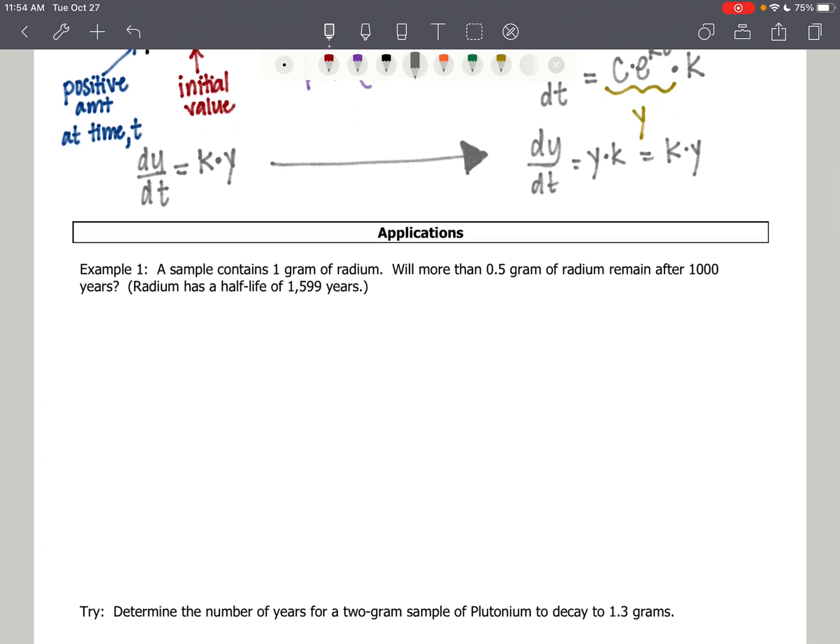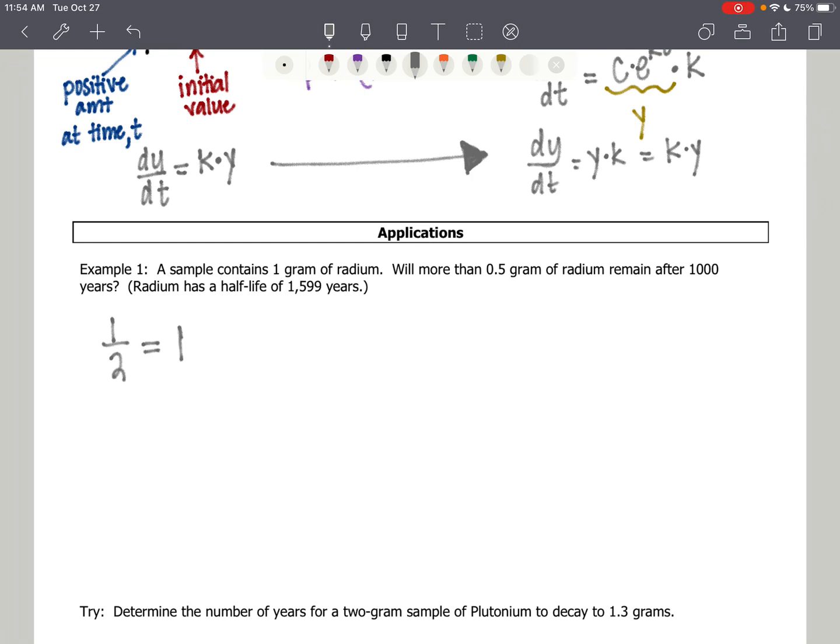A sample contains 1 gram of radium. Will more than 0.5 grams of radium remain after 1,000 years? Radium has a half-life of 1,599 years. So we've got 1/2 remaining.